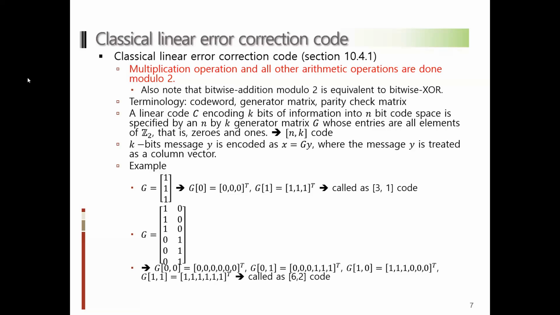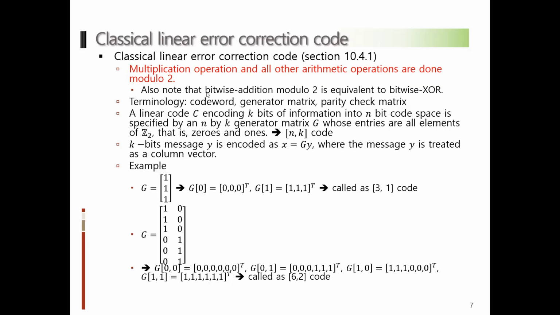The topic I'm going to discuss is called classical linear error correction code, and you will see why it is called linear. In this case, we will also define that all the multiplication operations and plus operations will be done in modular 2, so the only values we will have are 0 or 1.